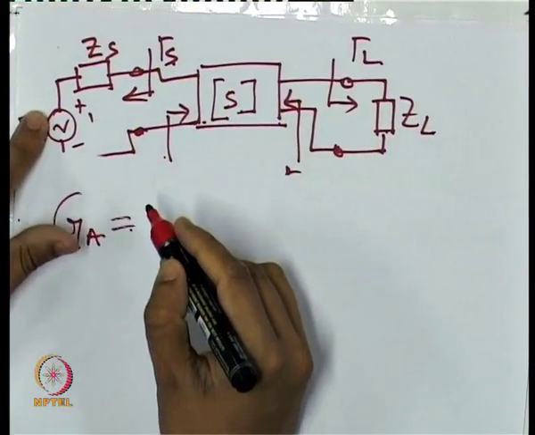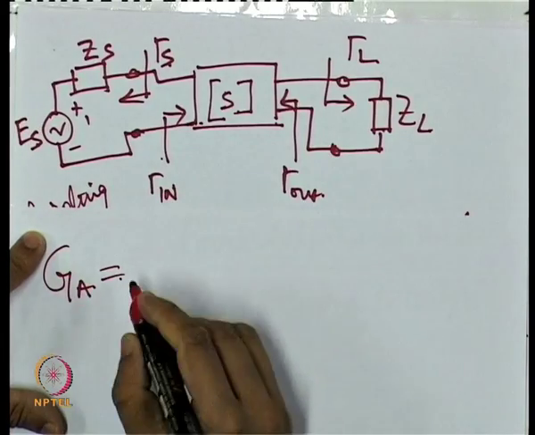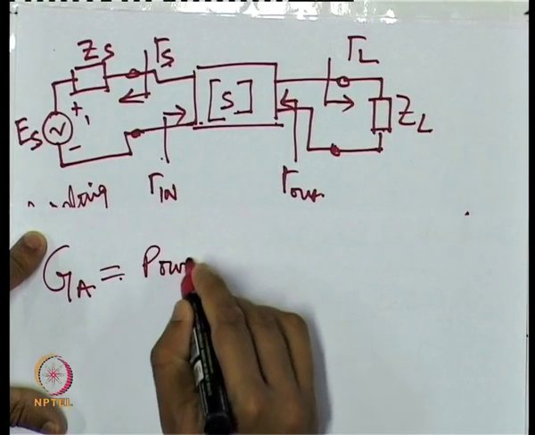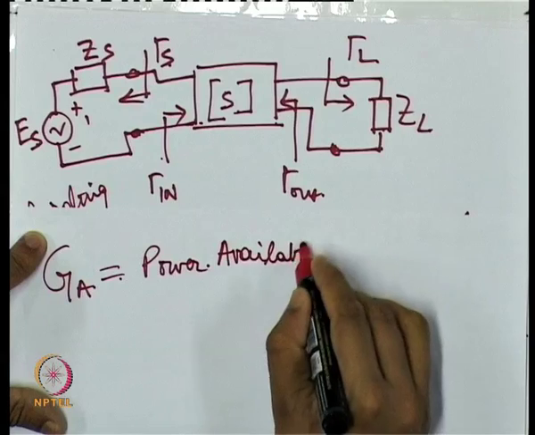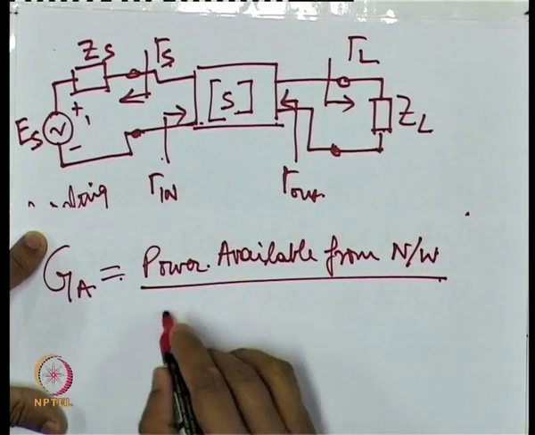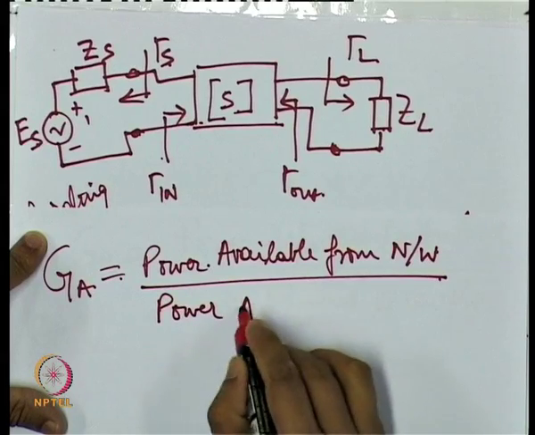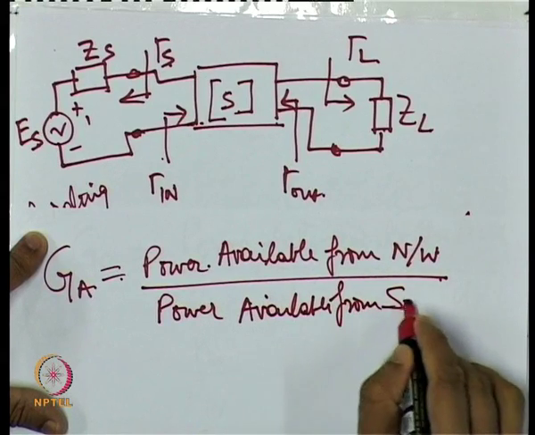Then I have another definition which is called GA. Once again, this is my network at the top. So GA is given as power available from the network upon power available from the source.